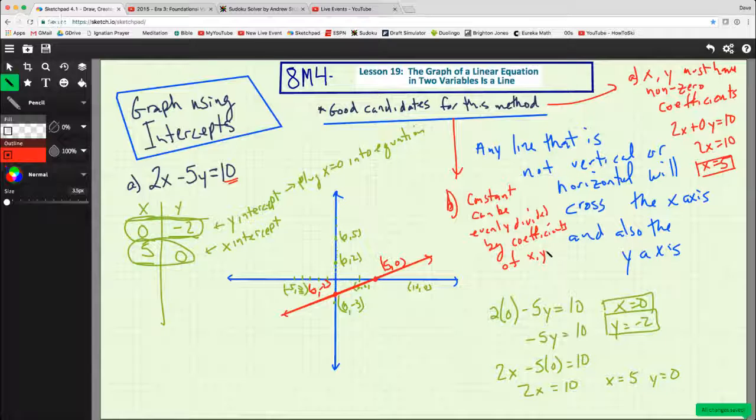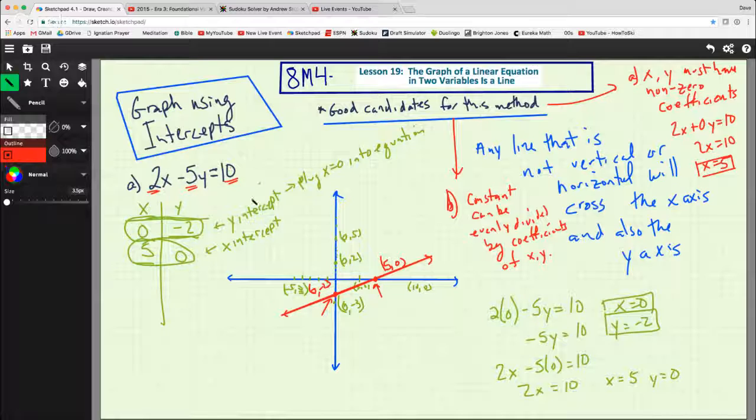It's not required, but it's nice. So notice, because 10 can be divided by 2 and 10 can be divided by -5, I end up getting integer values for the coordinates of my line. We do an example later where this isn't true, where the constants can't be evenly divided. You can still graph if this isn't true, but you'll see that my intercepts will be fractions.